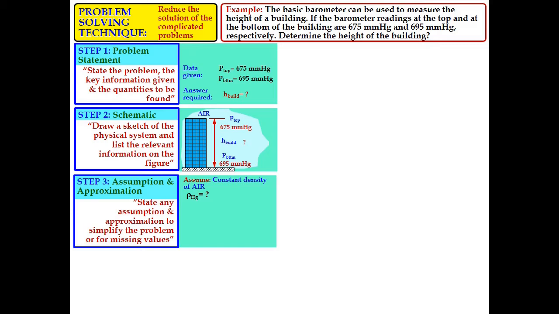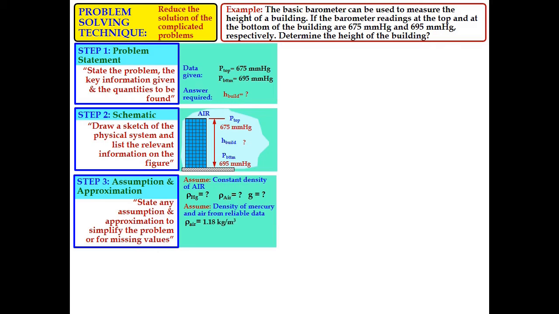We don't have any value given for the density of the mercury, the density of the air, and the value of gravitational acceleration. So we need to refer to reliable data, finding the density of mercury and air from a table or a reliable source.